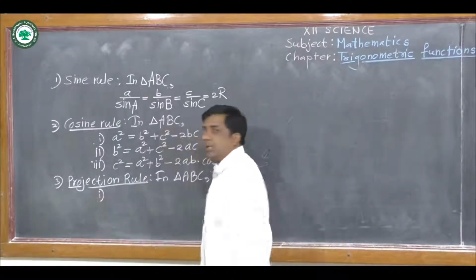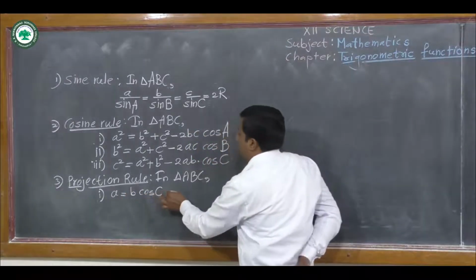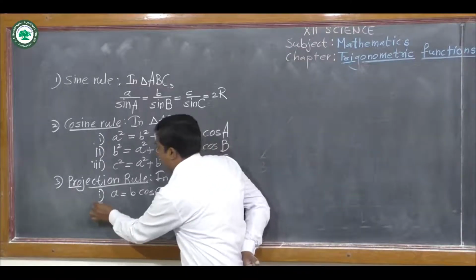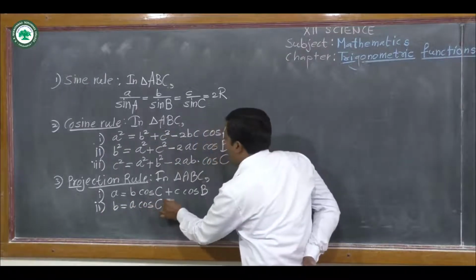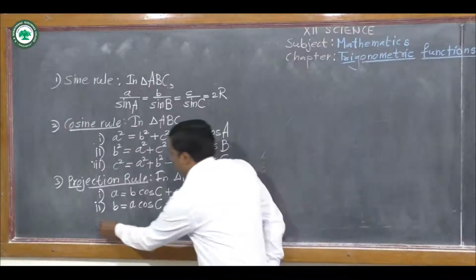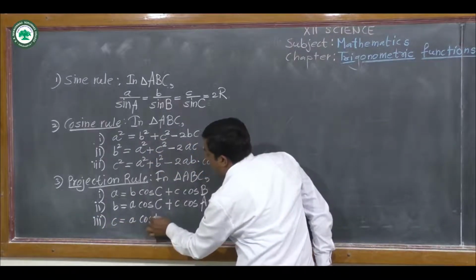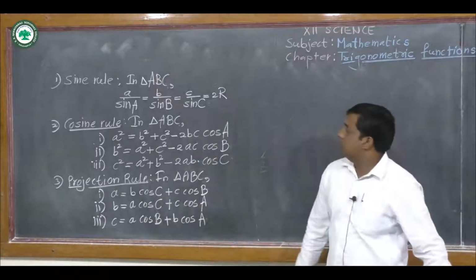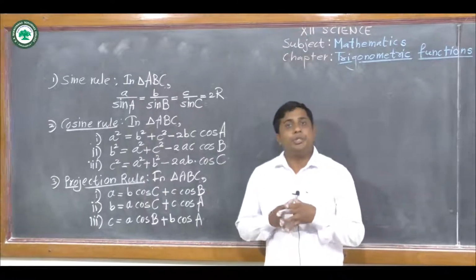First, a is equal to b cos C plus c cos B. Second, b is equal to a cos C plus c cos A. And third, c is equal to a cos B plus b cos A. So in these three rules, we consider the relation between the elements of the triangle.